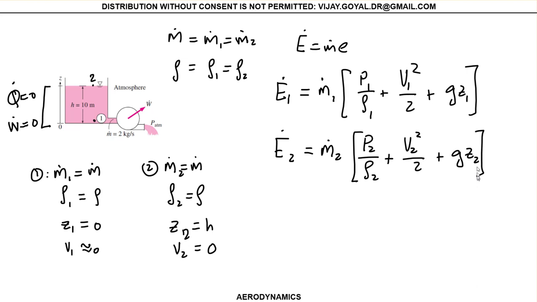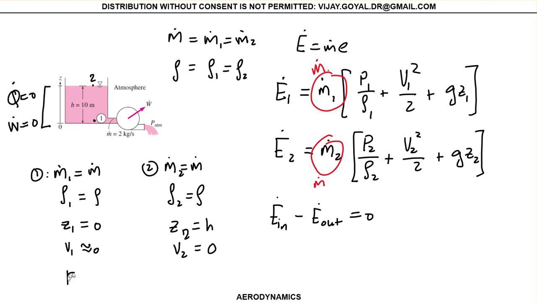Okay, so as we move on, what we know is that what's going to come in is going to equal minus what's going to go out. That's your energy. It's all equal to 0 because of this. Okay, so if I replace all these values, note that this is m dot, and this is m dot, right, from here. Also, I have my atmosphere.